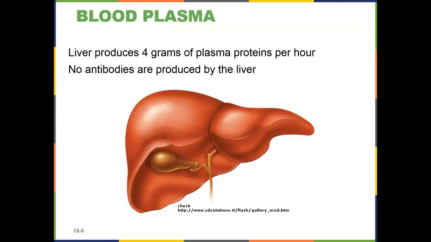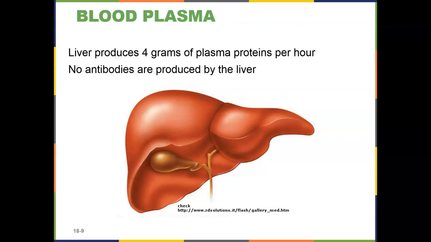The liver produces the majority of our plasma proteins. So in blood plasma, we have albumins, which are the most common plasma proteins. We have fibrinogens, which is an inactive protein that, when activated, forms the meshwork of a blood clot.